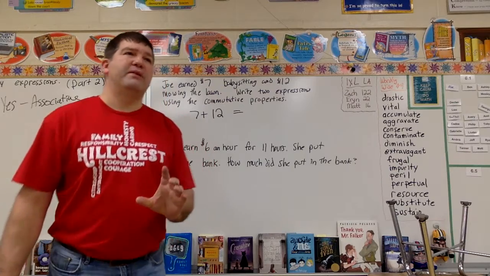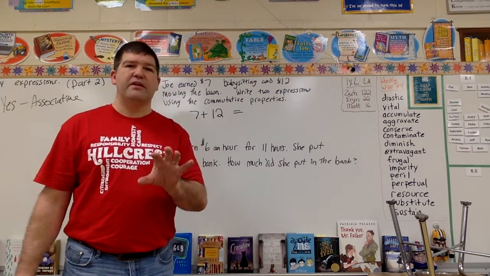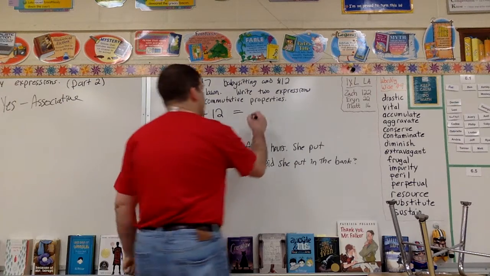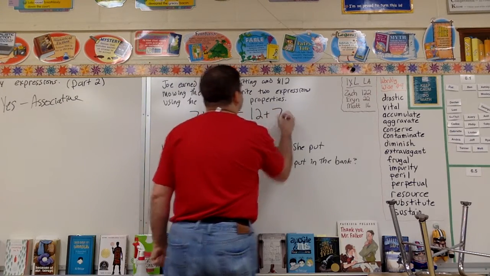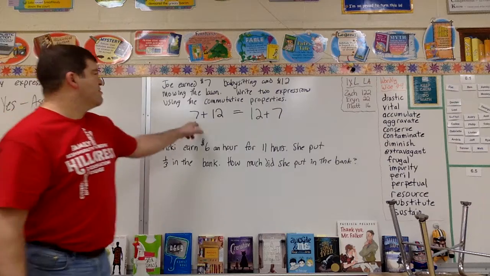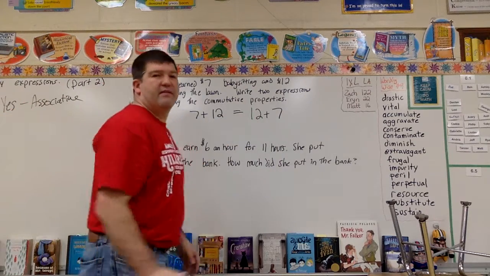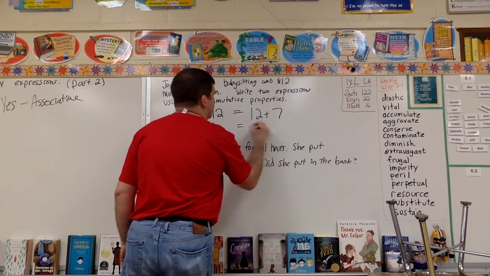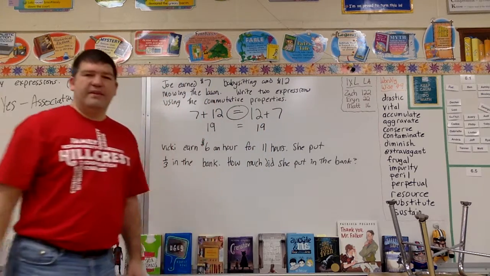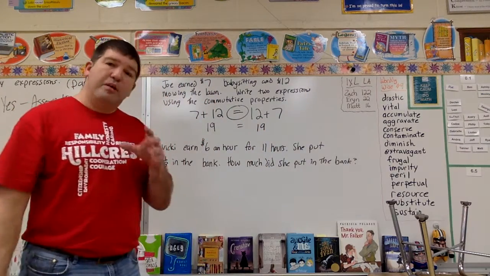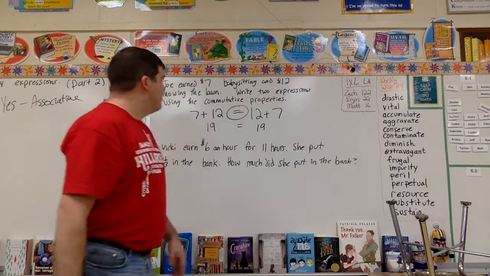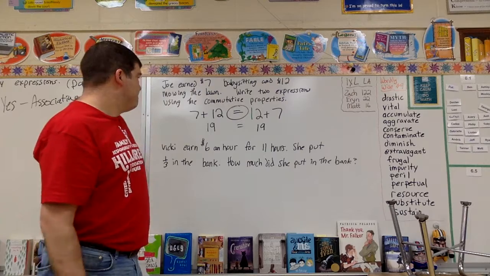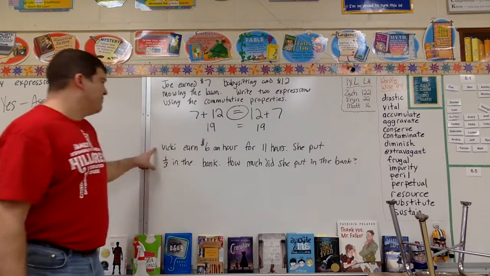Well, the commutative property says with addition and multiplication, it doesn't matter which one comes first. So I could say 12 plus 7. Does 7 plus 12 equal 12 plus 7? Let's see. That's 19. That's 19. Yes, that is good. Based on the commutative property, I was able to do it either way. Didn't matter.